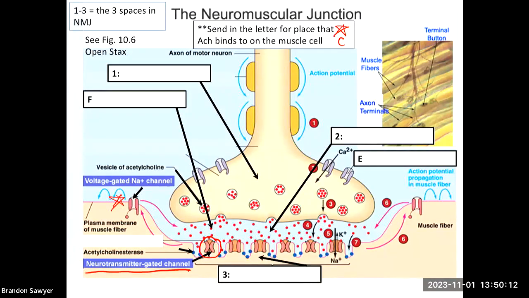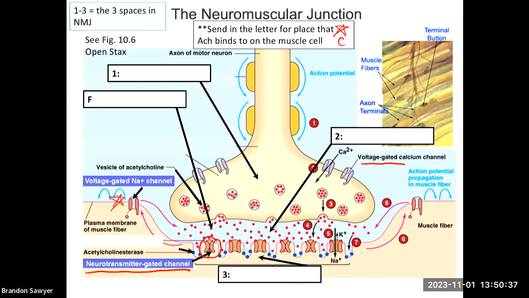If it's the change in electrical current around it that changes it, then it's called a voltage gated ion channel. Then we've got E. That's another version of a voltage gated channel, a calcium channel. We'll talk about how it's involved in this process in just a sec. But again, when the voltage around that channel changes, it opens up and calcium is able to flow into the neuron.